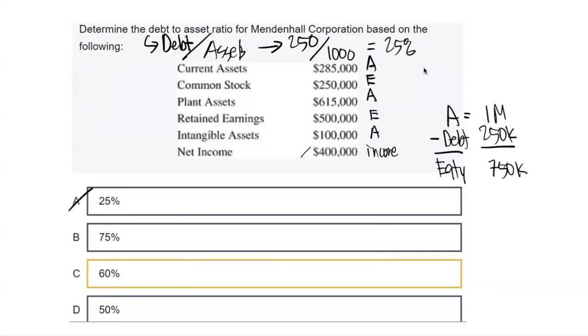There, 25%. And of course, if that is our debt to asset ratio, our equity ratio is 75%. We are saying that your assets consist of 25% debt and 75% equity. Clear? Yes po. All right.